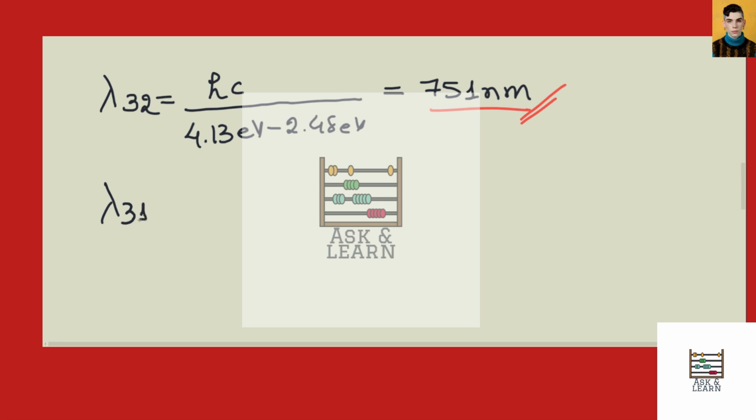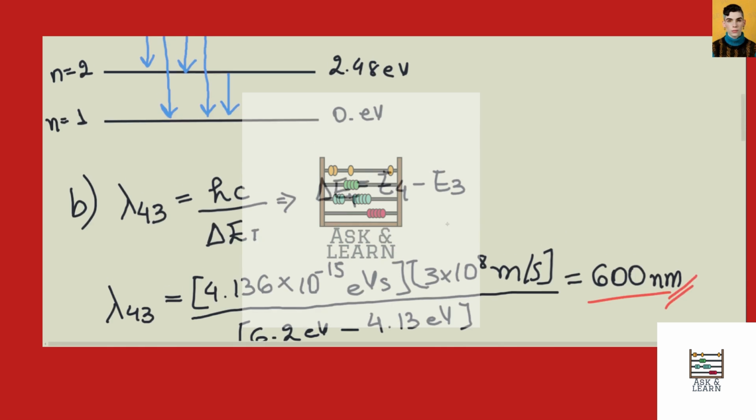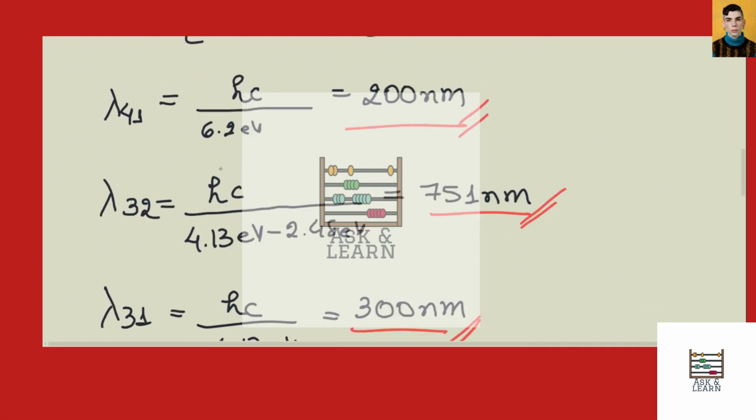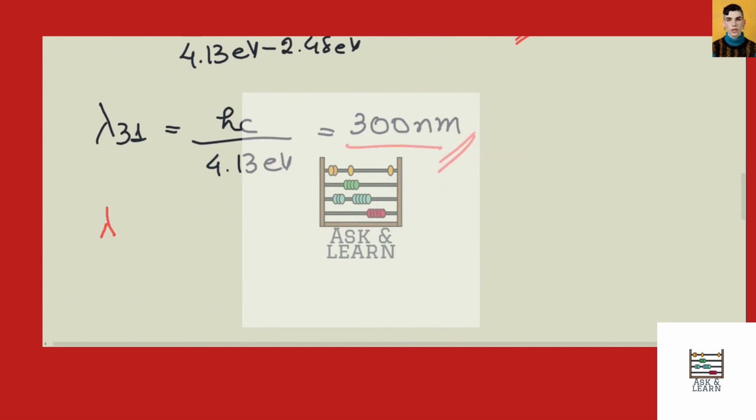Then from the third state to the ground state, hc divided by 4.13 eV, which is 300 nanometers. And lastly is the photon from the transition of the first excited state to the ground state, lambda 2,1: hc divided by 2.48 electron volts. And this is equal to 500 nanometers.